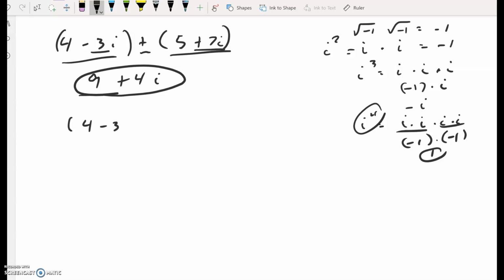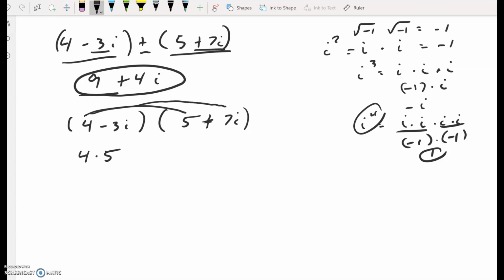But multiplying them together is kind of a big deal, because you've got to do FOIL, and it looks like it's going to be normal. Watch this. This times this would give you 4 times 5 for now.